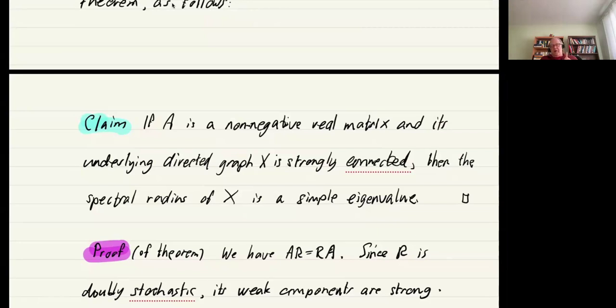The spectral radius is positive, so there's an eigenvalue rho, which is positive and greater than all the others. There could also be an eigenvalue minus rho, in which case it turns out that something's going to be bipartite, but we're going to be able to ignore that case. It doesn't bother us.